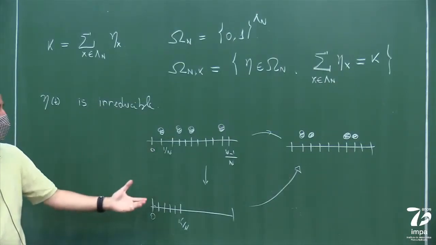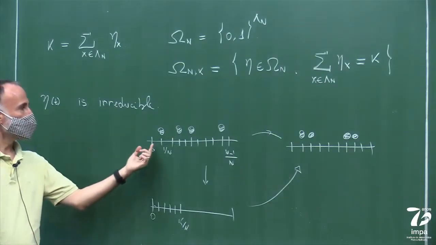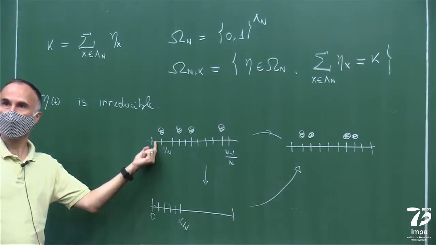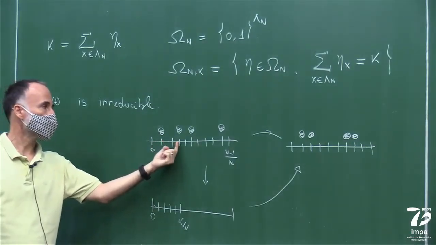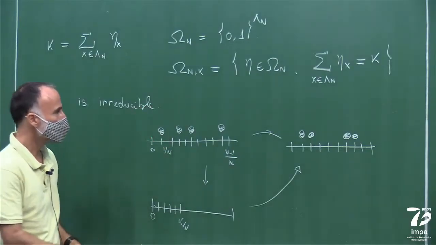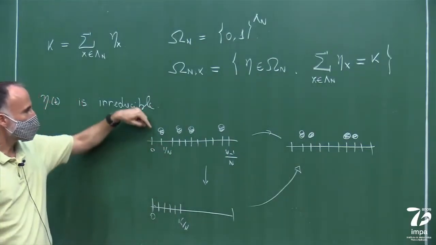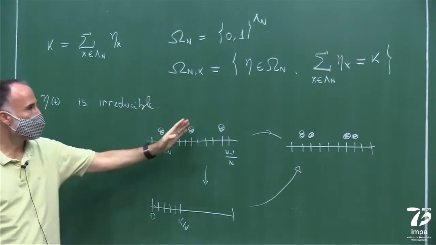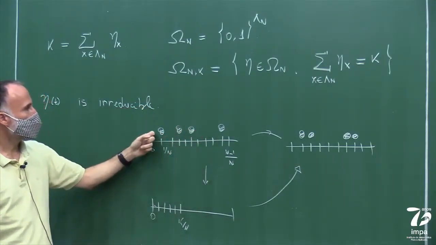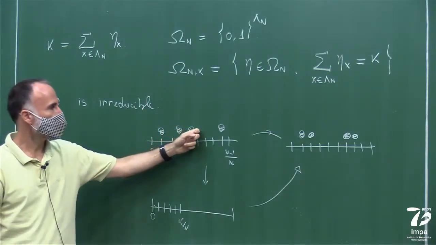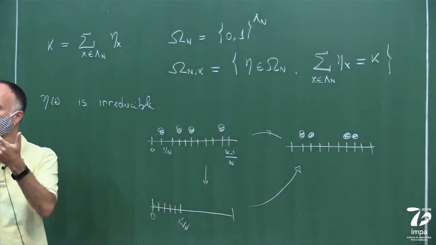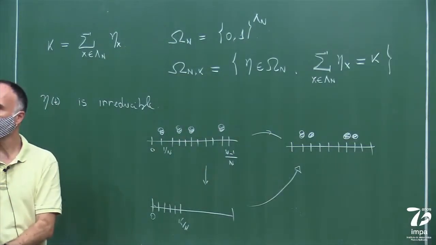And how do you go from this configuration to this configuration? Well, how does this process evolve? You wait exponential times of rate 1 at each of these bonds, the bonds at which you have a particle and a neighboring site. So in this configuration, you have 1, 2, 3, 4, 5, 6, and 7 possible jumps, right?